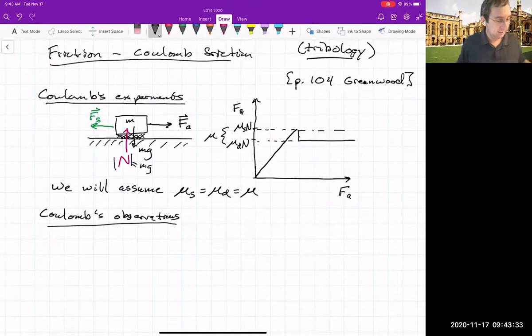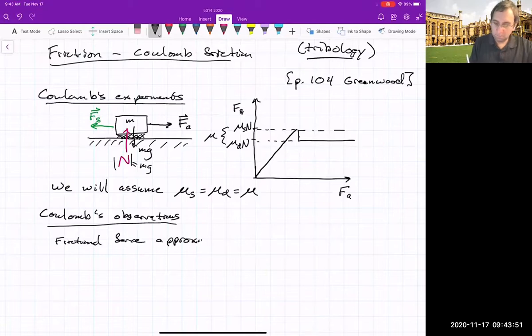What he found, and he conducted hundreds of experiments, is that the frictional force was approximately independent of the contact area. And that's significant.